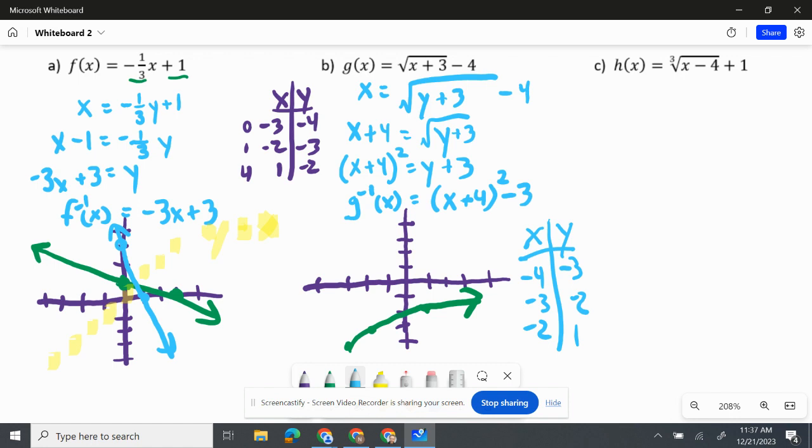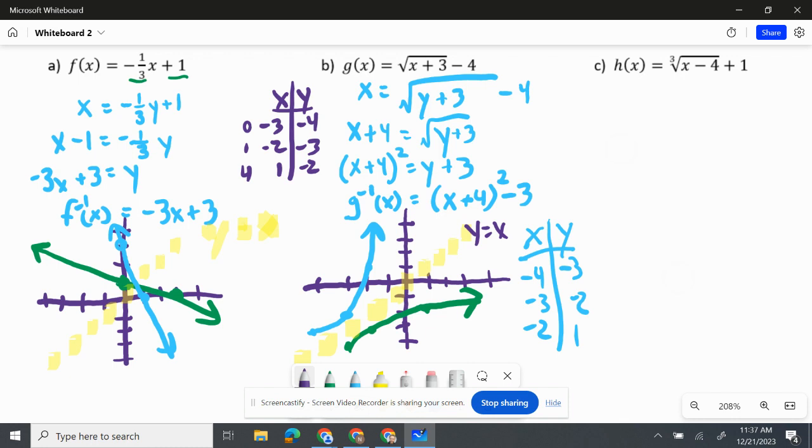So I have (-4, -3), (-3, -2), and (-2, 1). And this right here is what my inverse looks like. It should look symmetric along the equation y equals x.